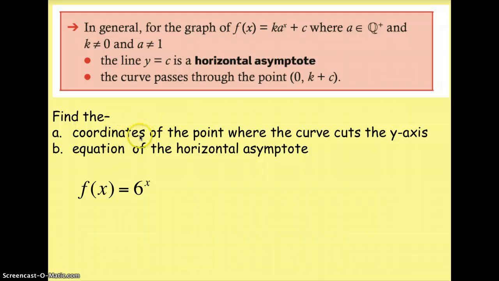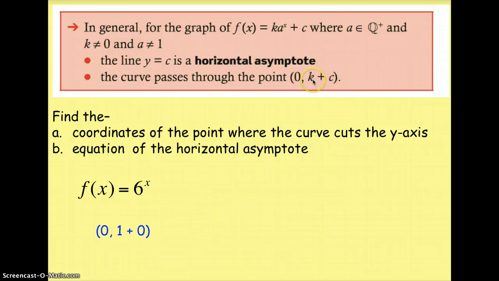So let's have an example. Find the coordinates of the point where the curve cuts the y-axis. The one that cuts the y-axis is your y-intercept. And then on B, let's write the equation of the horizontal asymptote. For the first one, the point that cuts the y-axis, we are following this format. It says 0, so I wrote 0 for your x.